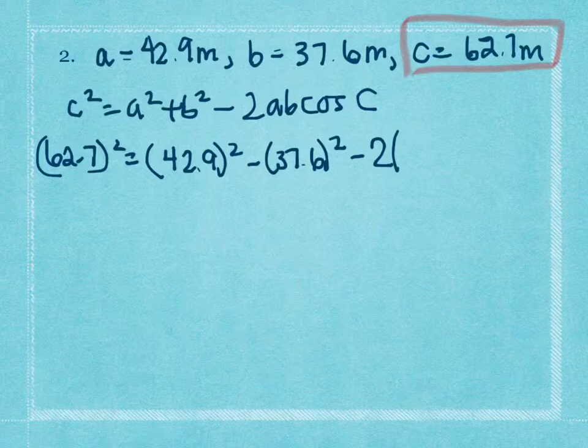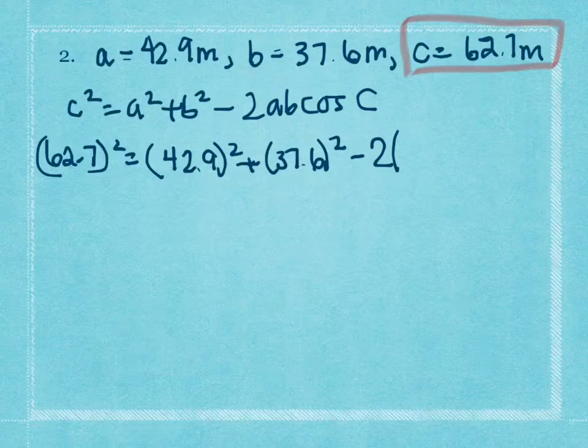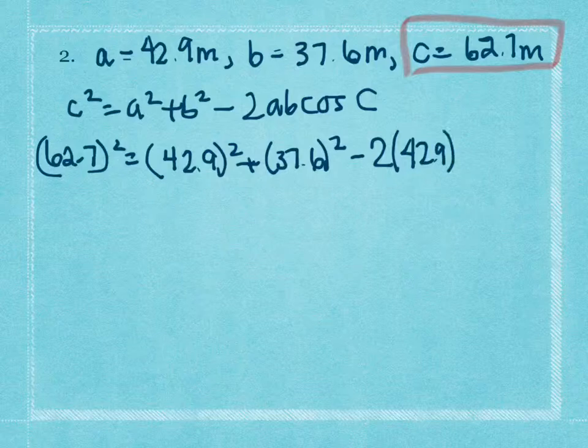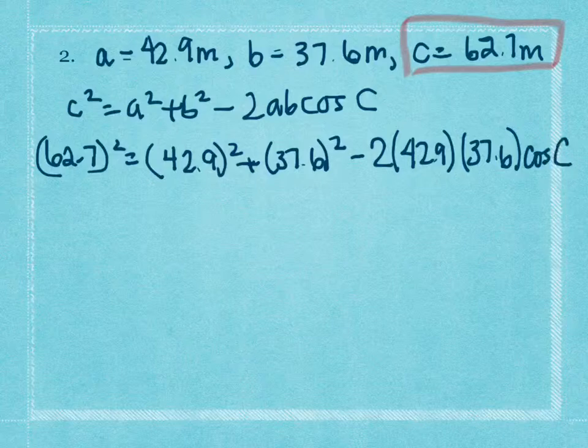It's plus between the A and the B. It's a minus for the 2 part at the end. Oh, right here. I'm sorry, I was looking at my formula that I wrote down. Thank you, Lauren. Yes, there's a plus there and then the minus next. Thanks. All right, and then I have minus 2 times side A, which is 42.9, and side B, which is 37.6. And then I have cosine of C.